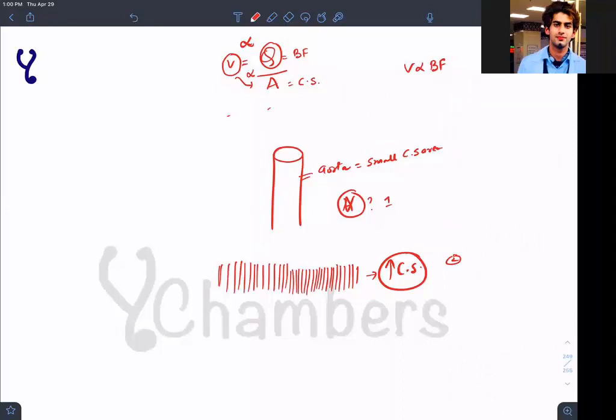That way you can effectively exchange things. Where are you exchanging oxygen and carbon dioxide, at the aorta level or at the capillary level? All the exchange happens at the tissue level. So I should give some time to the capillaries so they can easily exchange oxygen and carbon dioxide and then bring it back to the heart as effective venous return. This is only possible when I give the capillaries time for gaseous exchange.